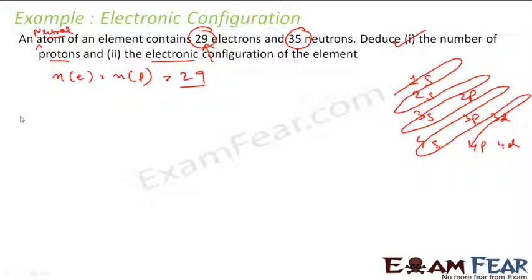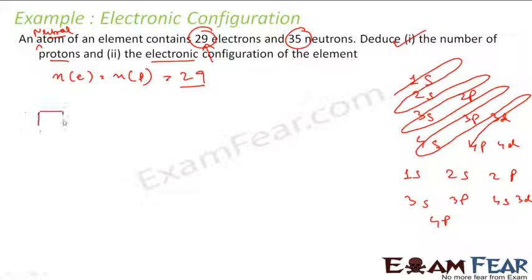So let me write first the increasing order. It is like this: 1s, then 2s, then 2p, then 3s, then 3p, then 4s, then 3d, and then 4p. Just for 29.